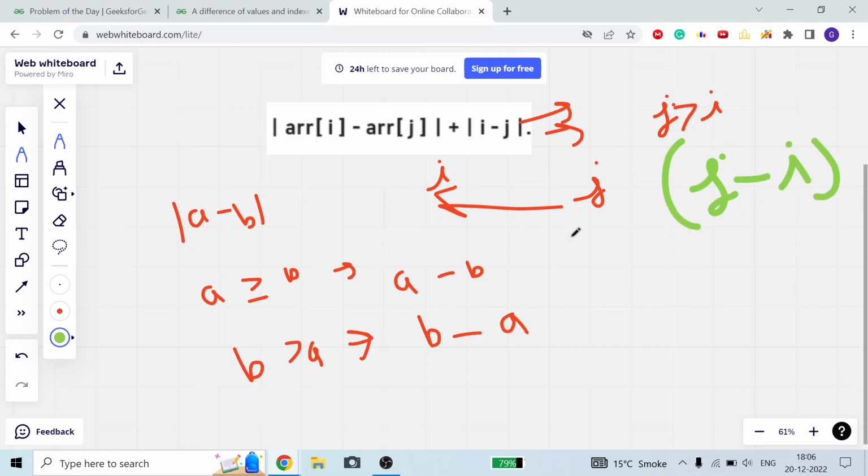Because I am running a loop from backward, the only part I have to worry about is this. Suppose it is vi and vj.